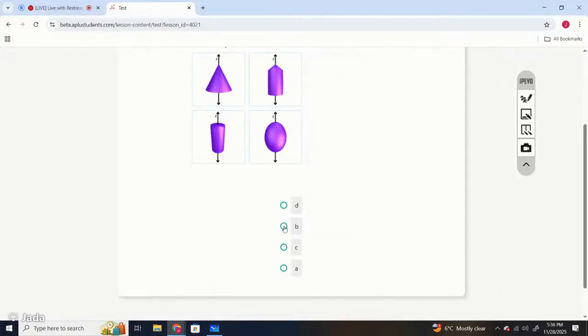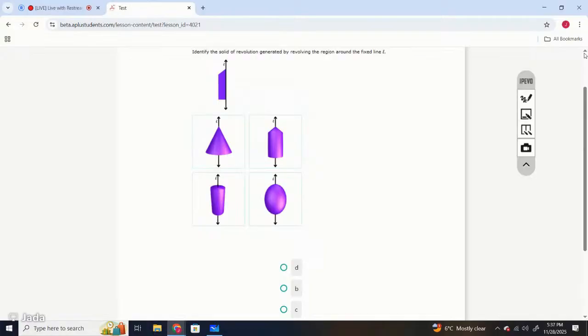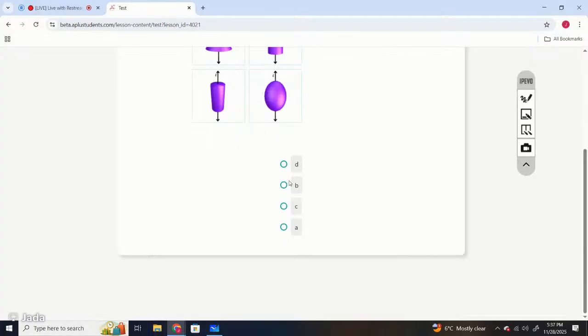That is D. The correct option is B. Option number B is the correct option.